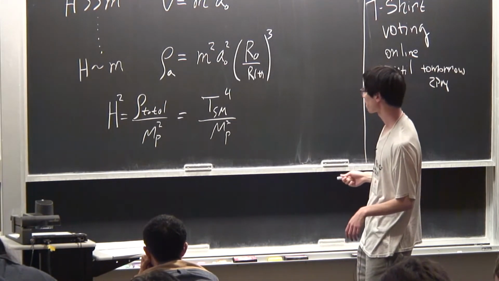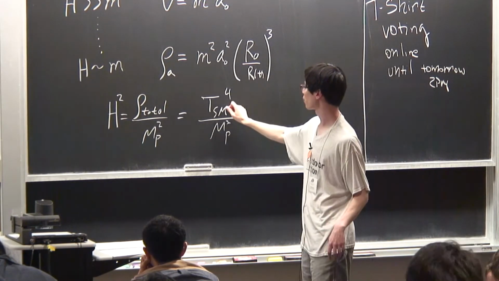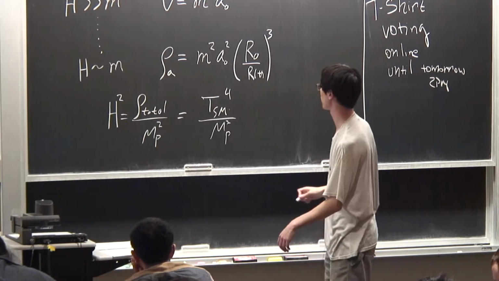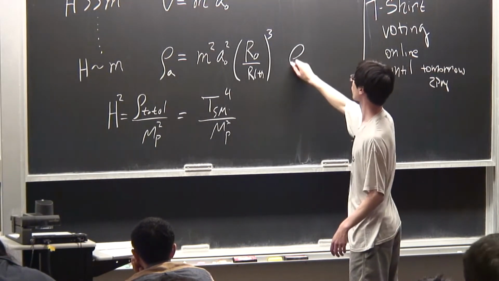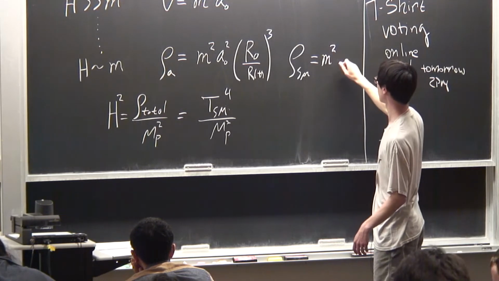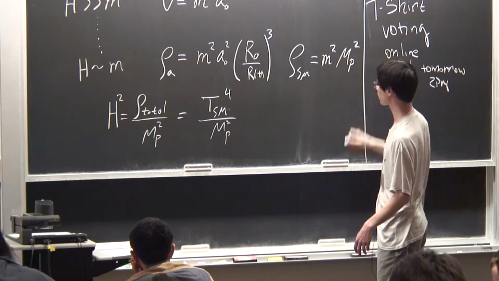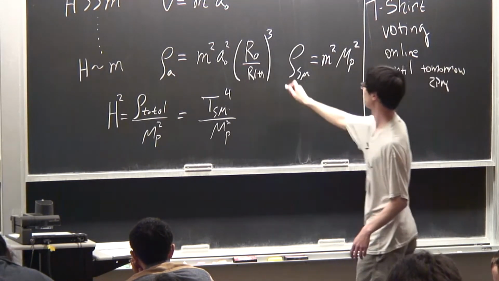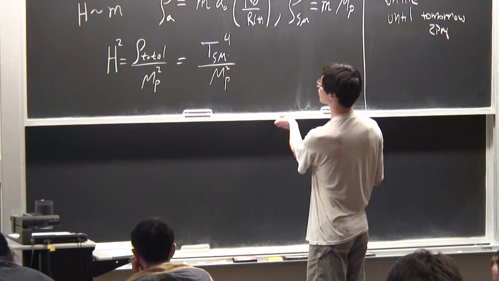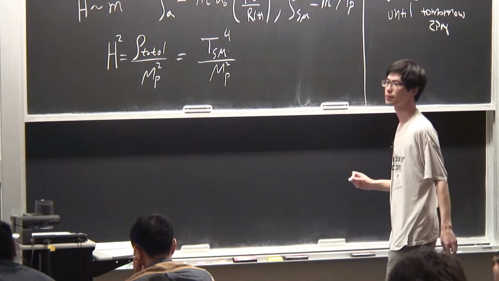And so this means that rho standard model is m Planck squared times m squared. So you have rho SM equals m squared m Planck squared. And so now you just say, we know the dark matter abundance.